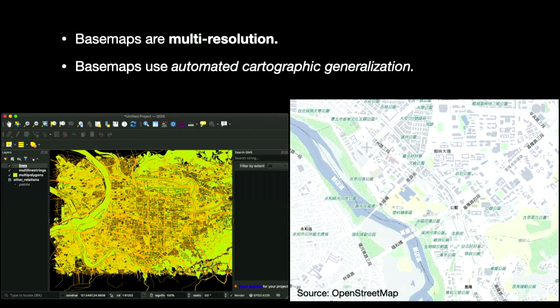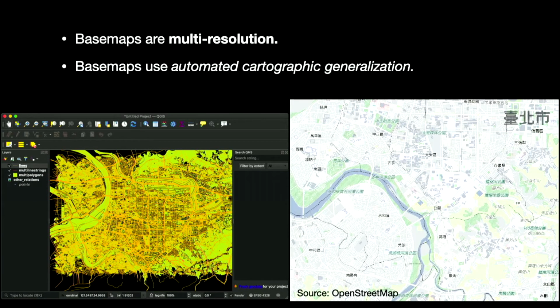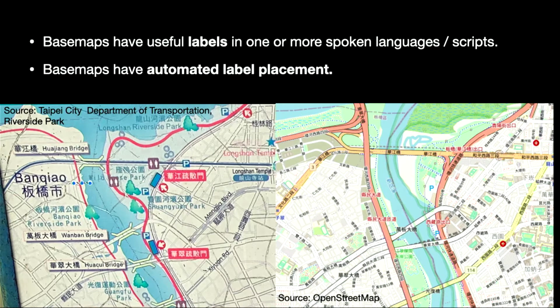So the second feature of base maps is that they have useful labels in one or more languages or scripts. So the thing on the left is a base map, but it has some evidence of manual label placement. So this is when I was just running in the park by the river. There's some bridges, and you can see that the label for the bridge is on the left side.